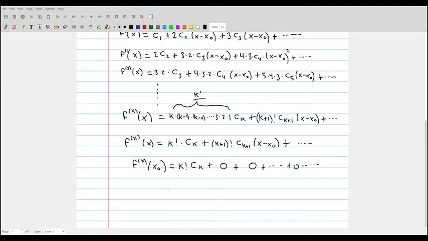So this gives us a direct formula for ck. The kth coefficient in a Taylor series expansion is the kth derivative of the function at x naught divided by k factorial.